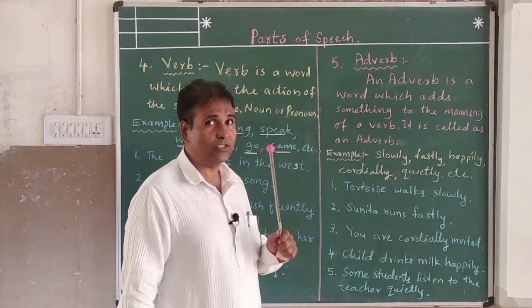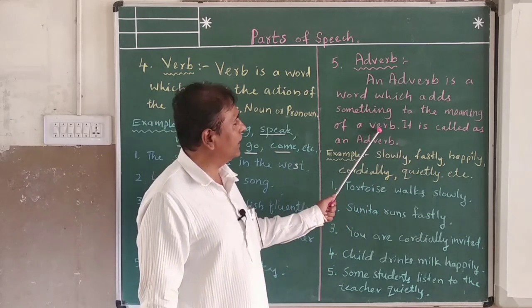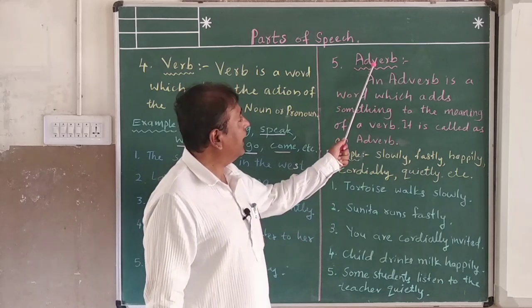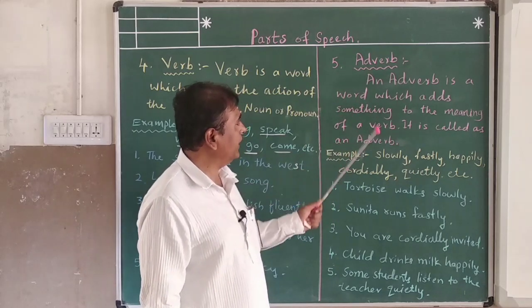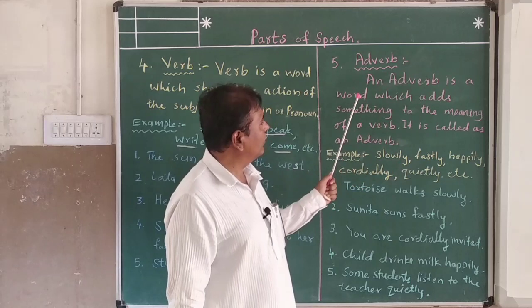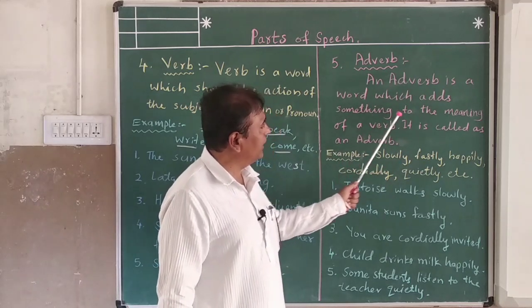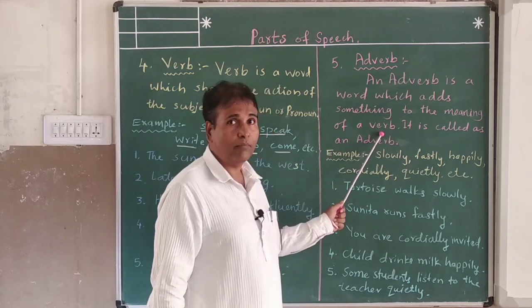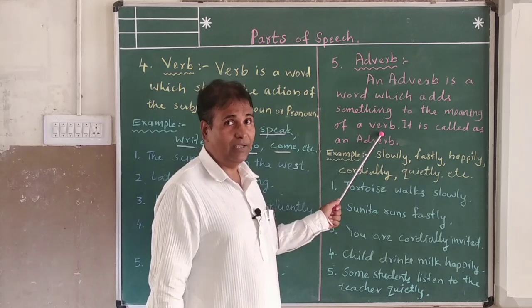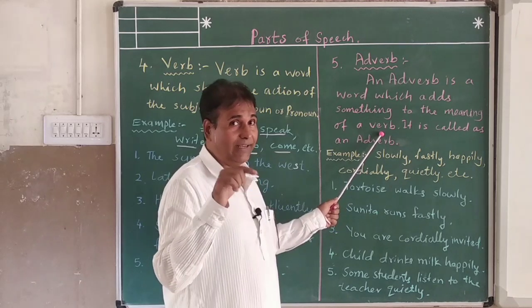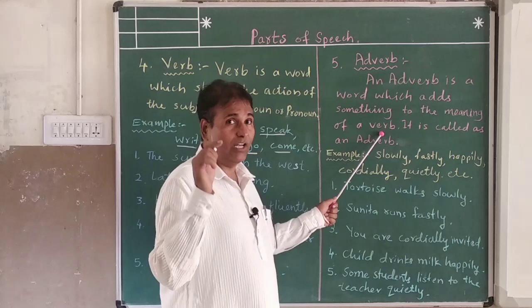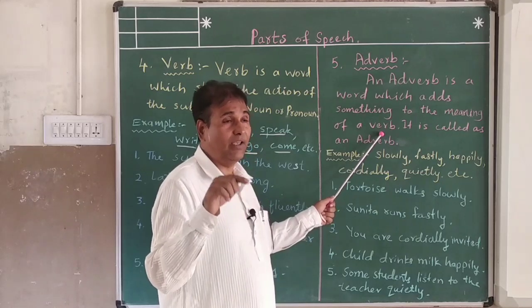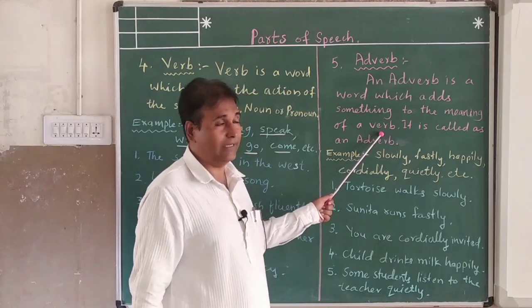Okay, don't confuse yourself. Here we are talking only about the adverb. An adverb is a word which adds something to the meaning of a verb. The action words, which have something added and qualifying, showing quality, how, like that.